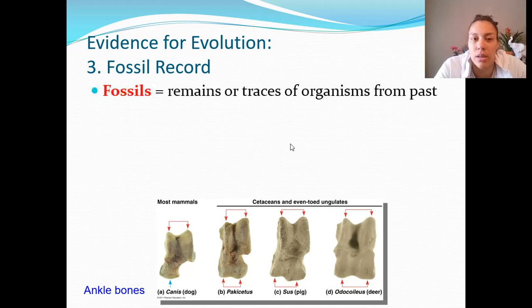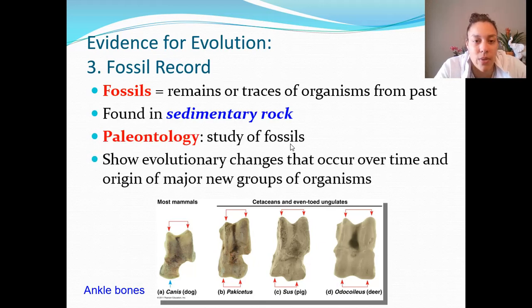And then our last piece of evidence for evolution, or not last piece, sorry. Our third piece is the fossil record. So we're looking at the chemical components that are in our sedimentary rock. So we can do some timeline pieces to trace when organisms were alive and relate that together.